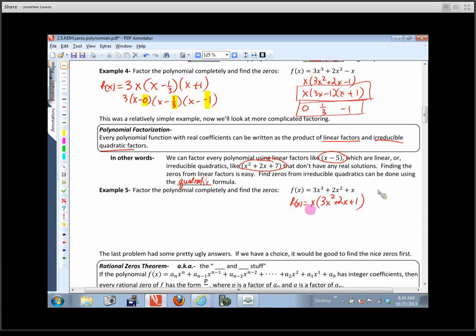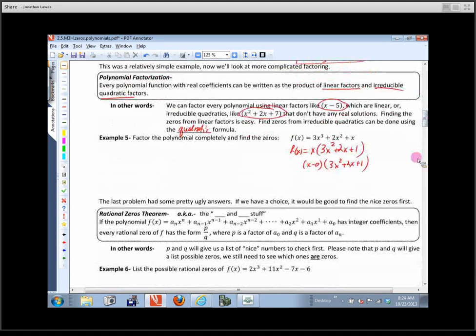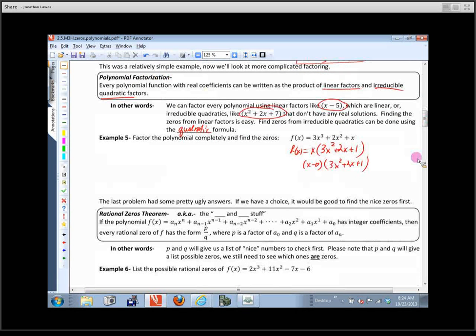If I had to write it, I could write it as x minus 0 like I did up above. But what about this quadratic? Is it factorable? Not factorable. We're not going to find numbers that multiply to be 3 and combine to be 2. Not going to happen. But again, are we stuck there? Do we just stop?